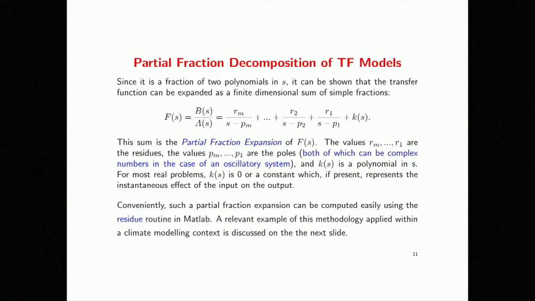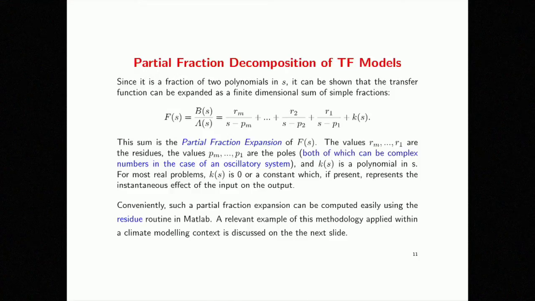So in other words, he showed that that transfer function could be represented as a finite sum of first-order transfer functions or second-order transfer functions. Pm there is the eigenvalue associated with a mode, a dynamic mode of behavior. And it can be a complex number.